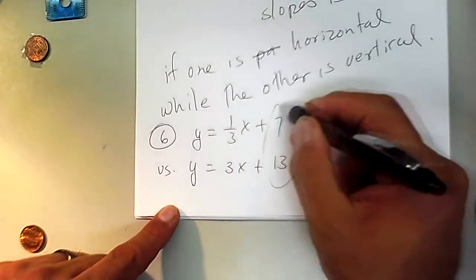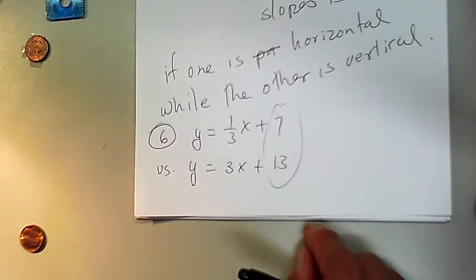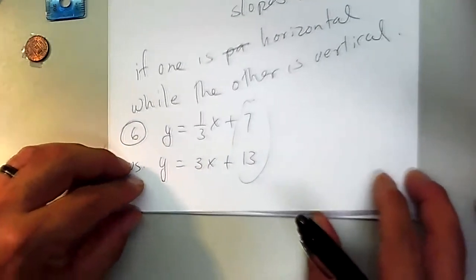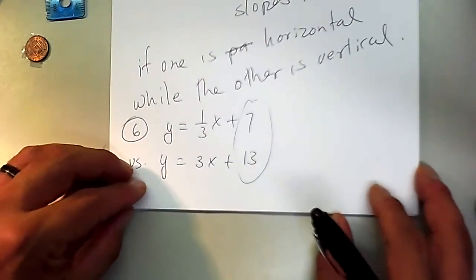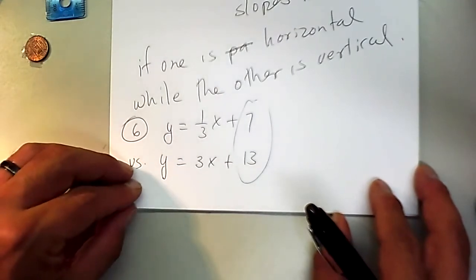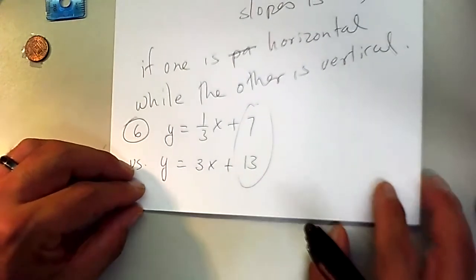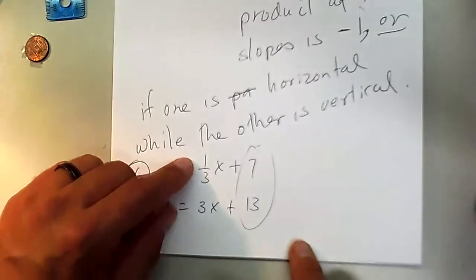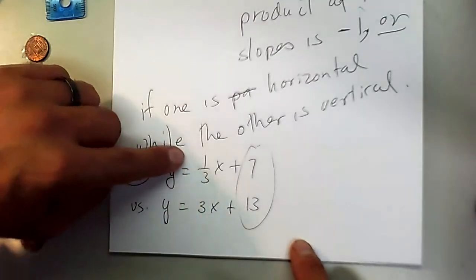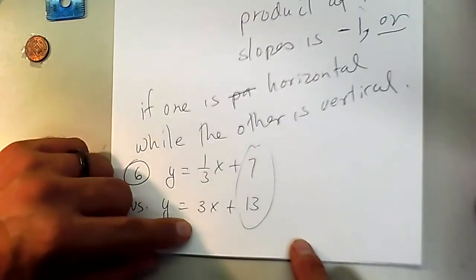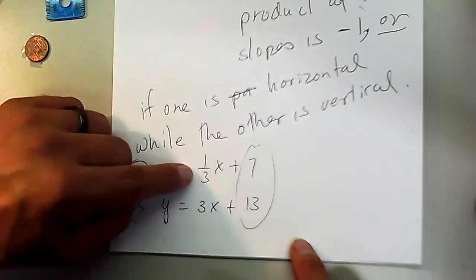This number does not matter for purposes of judging whether we have perpendicular slopes or not. That's an abuse of language, perpendicular slopes. Well, I guess that sort of makes sense. But what I mean to say is, if the lines are perpendicular, do the slopes multiply out to -1? What is 1/3 times 3?